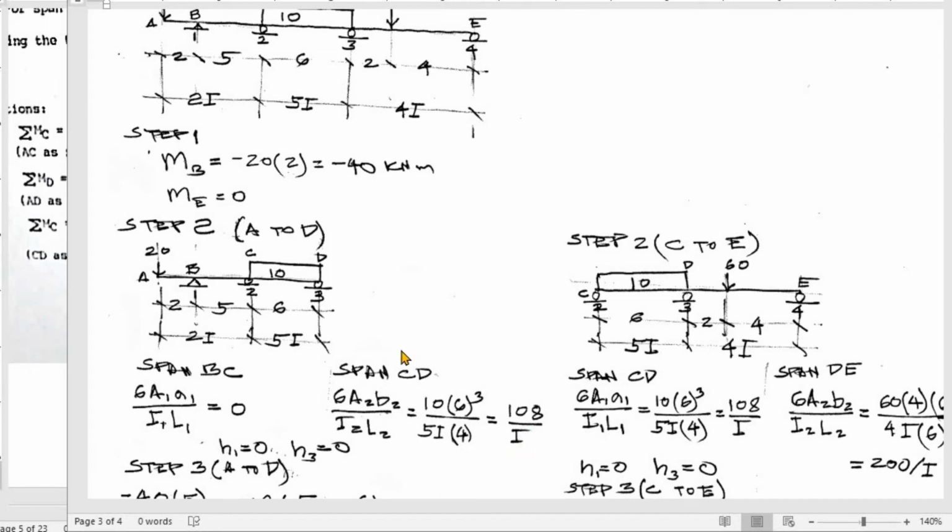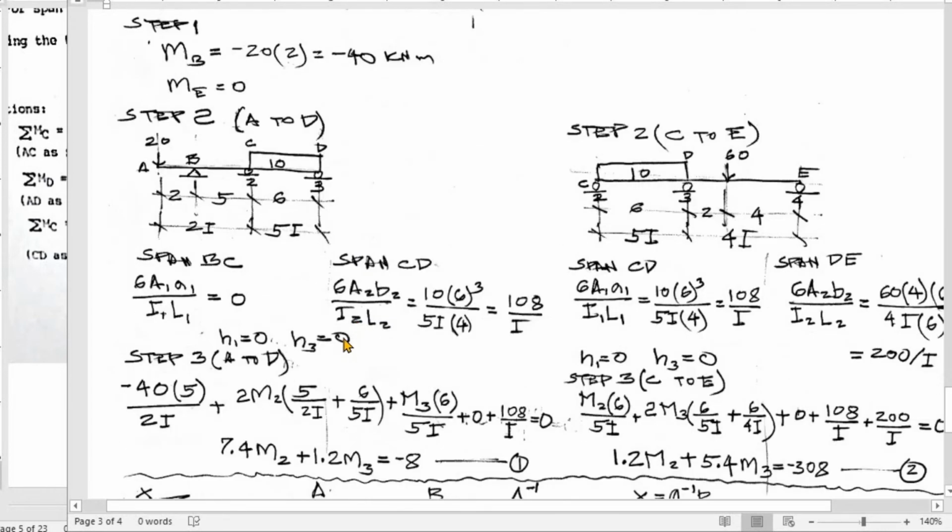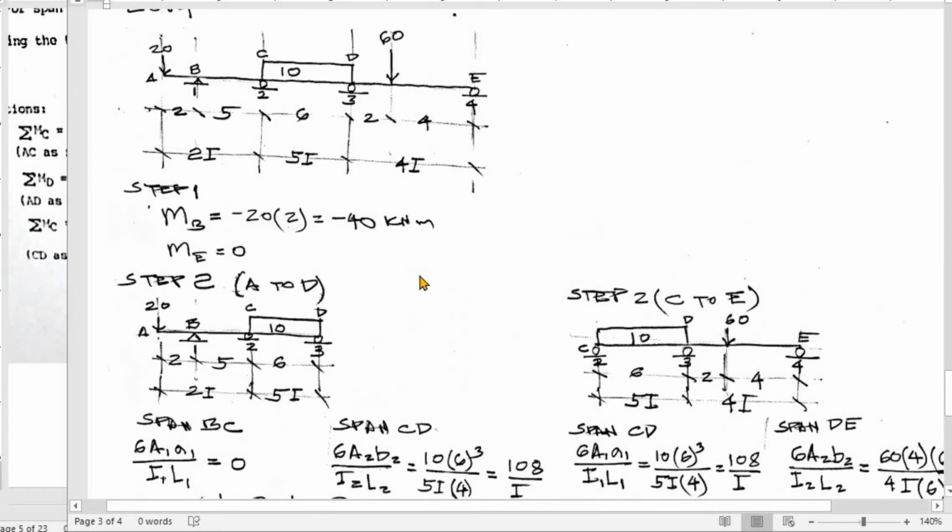And then, for step 3 naman, okay, still here on the section A to D, isa-substitute na natin ngayon yung ating mga values sa general equation. Take note na this is again equal to 0. So, remember na yung ating point D dito sa A to D, hindi to equal to 0.